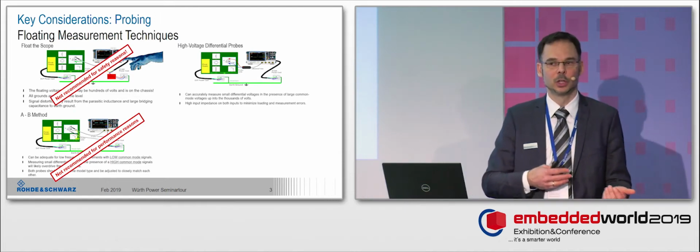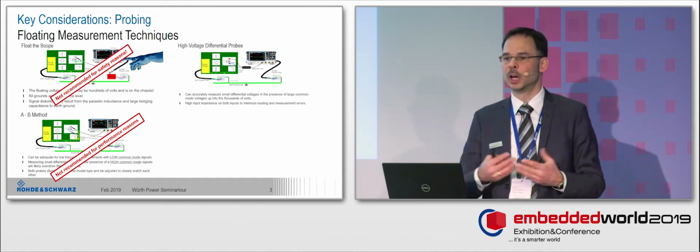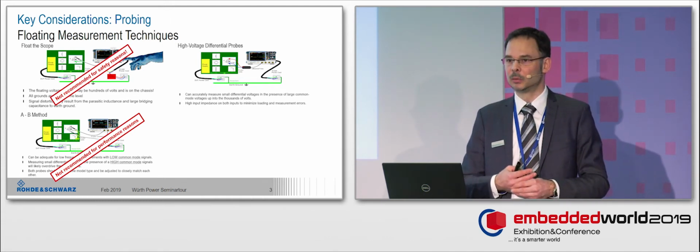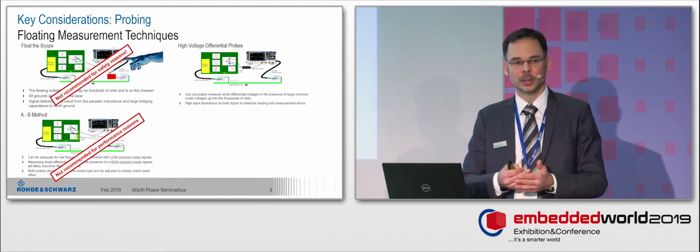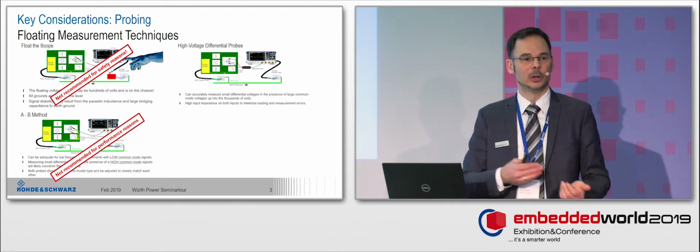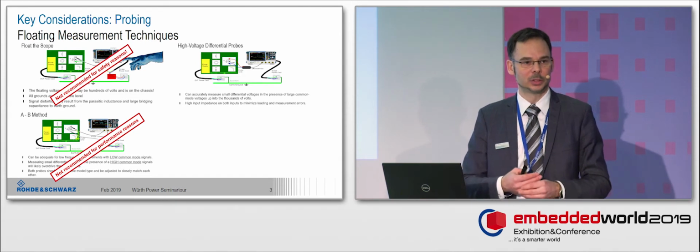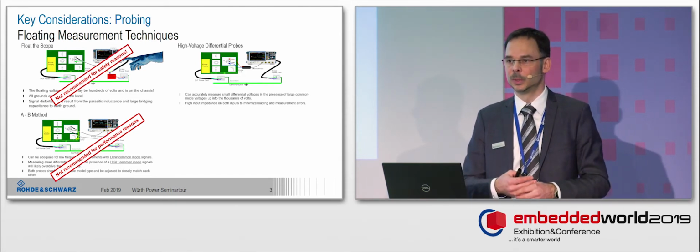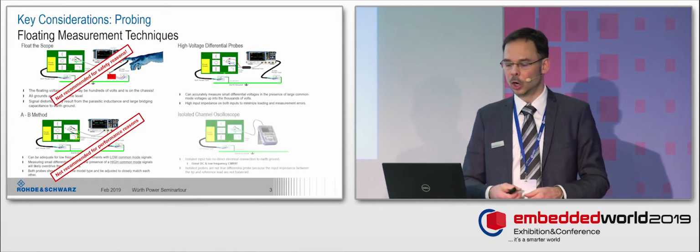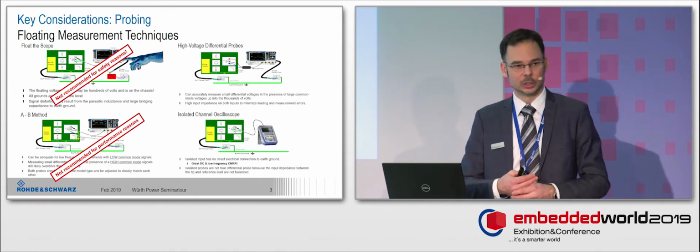The usual method to go is use a differential probe, so a high voltage differential probe, depending on your design. Big advantages: it's safe, it has good input parameters like low capacity, high common mode rejection ratio. That's the method you use when you use a laboratory scope, a bench scope usually, or you can also work with isolated channel scopes.